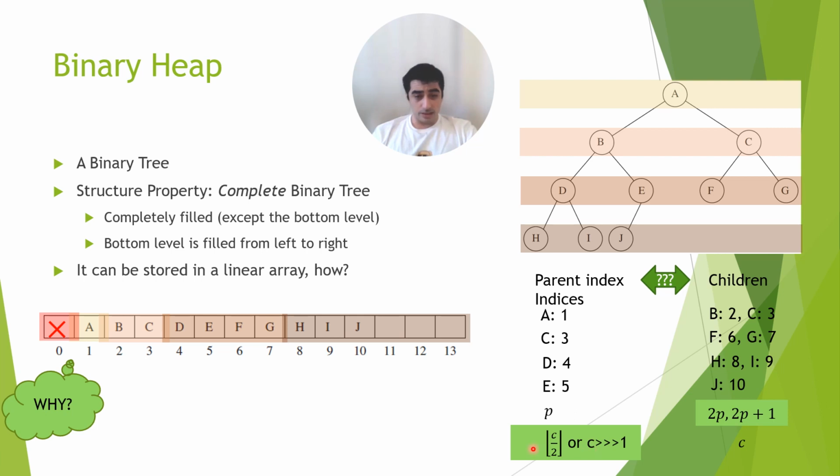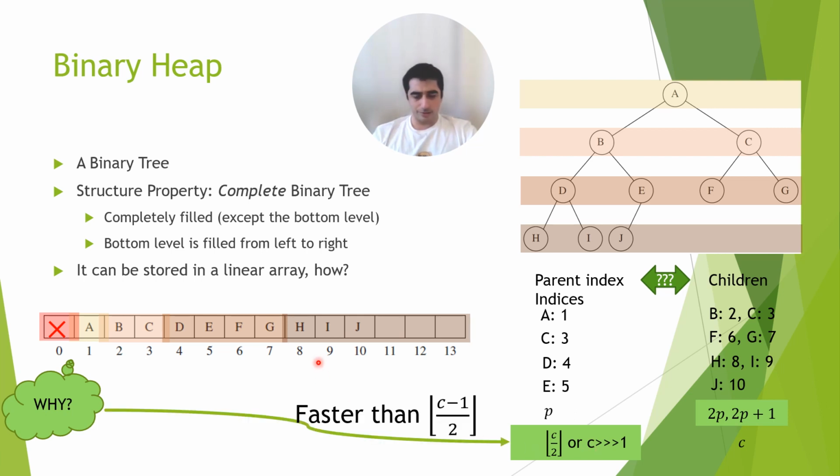Let me go back to the final point I want to make here. The reason I kept index 0 empty is that when you keep it empty, the parent index can be obtained from the child index by doing a shift to the right operation, which is division by 2. And this is faster than when this index was not empty.